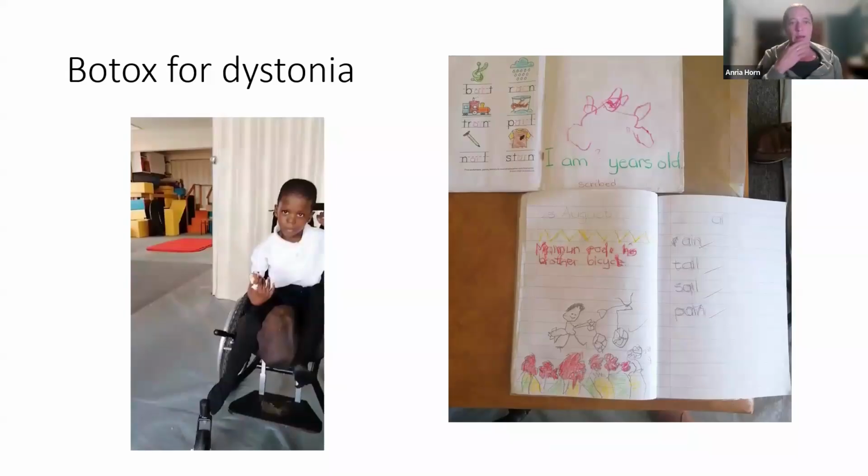That's where she goes. So after a long discussion with her physios and thinking, I said, okay, well, let's give it a go. I'll be lying if I tell you exactly what I injected in her, but I think I did deltoid, the external rotators, and then the biceps to just try and get a little bit better. And this is probably one of the best Botox results I've had in my life. So this was Esther's effort of drawing a little man before the Botox, and this was after the Botox.